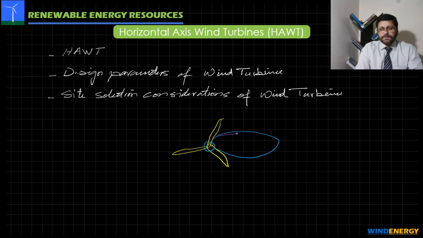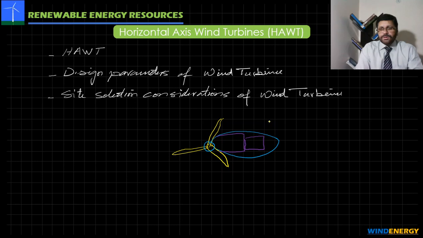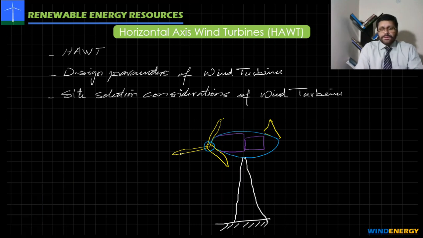Here we have the drive chain and the generator, and outside we have the yaw mechanism, and here we have the tower for the wind turbine.